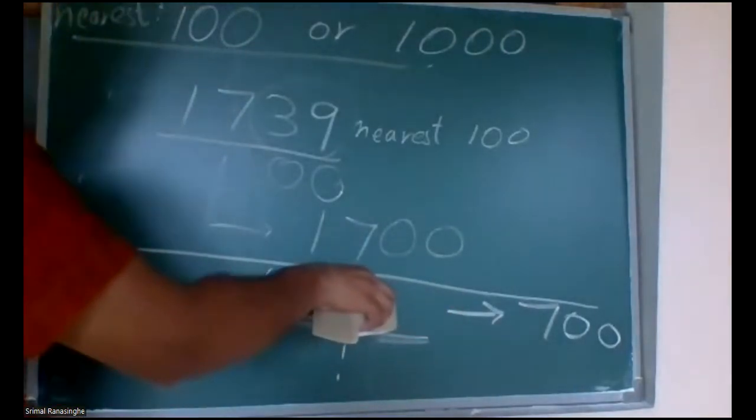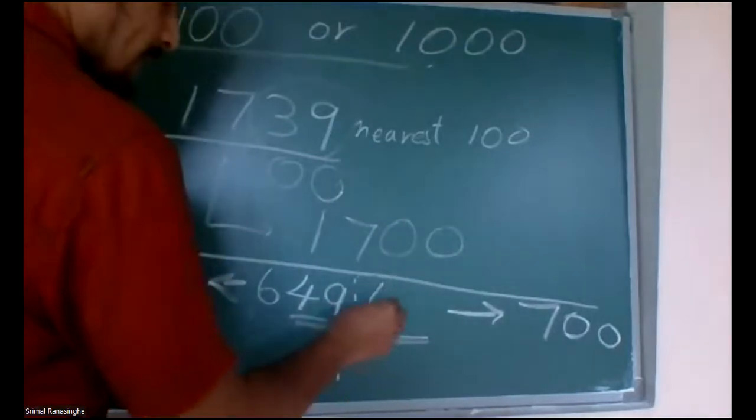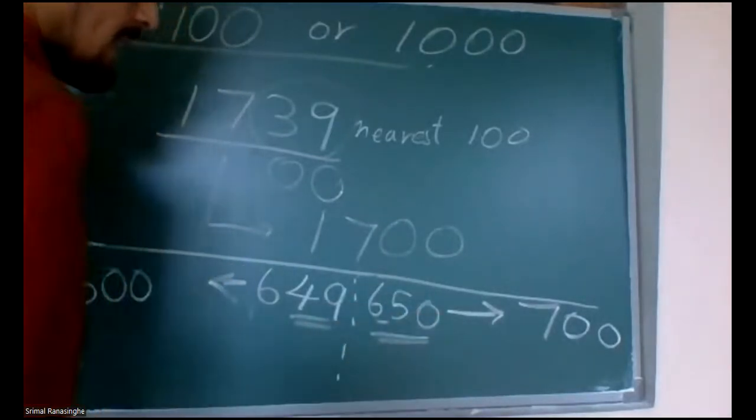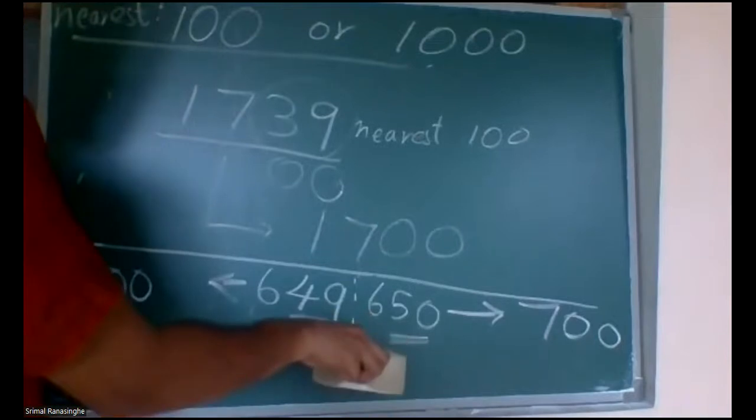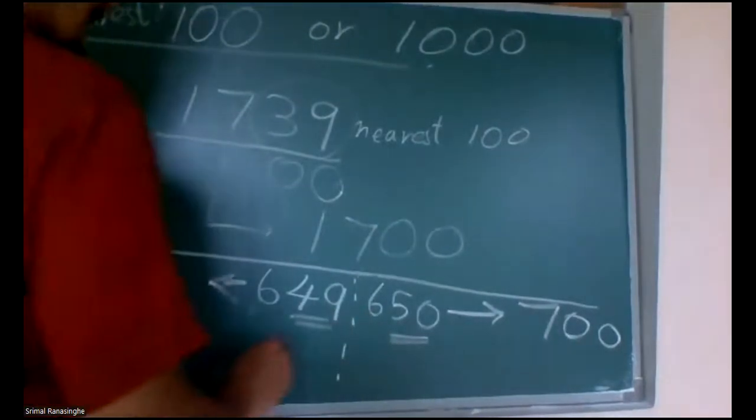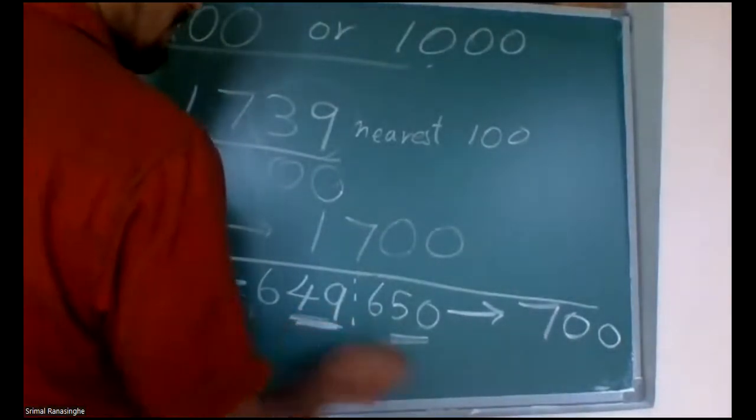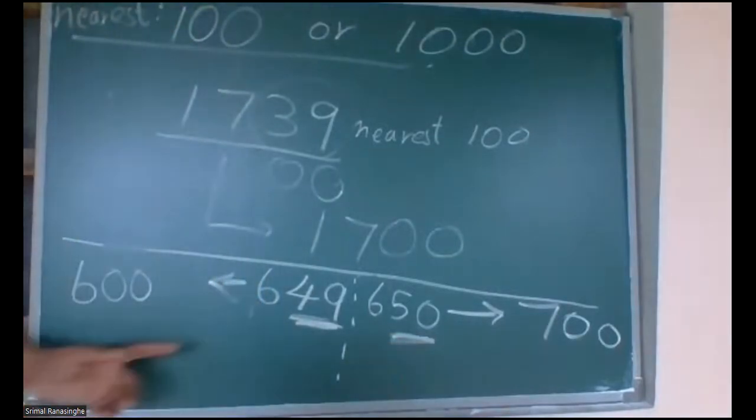Can you see here? What is the margin? Final two digits are the margin, 50 and 49. Can you see?